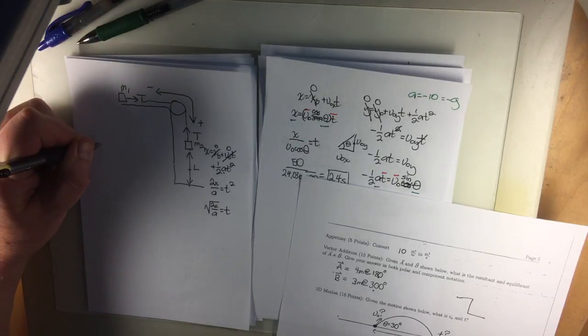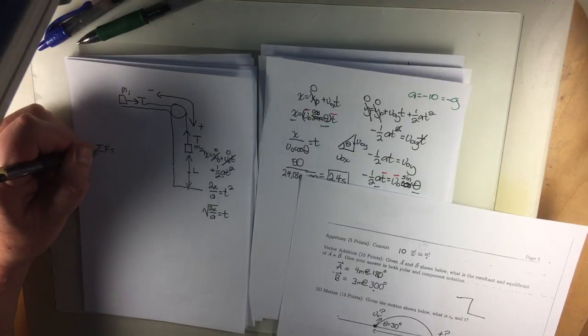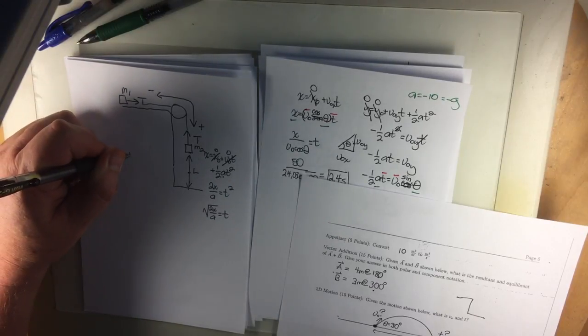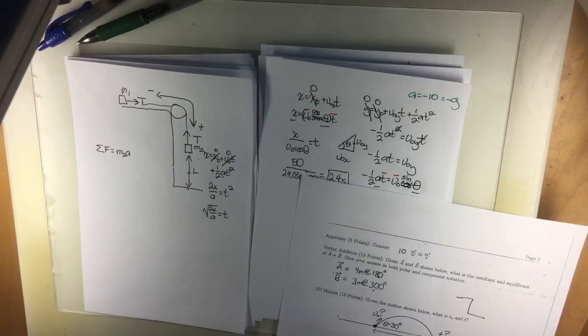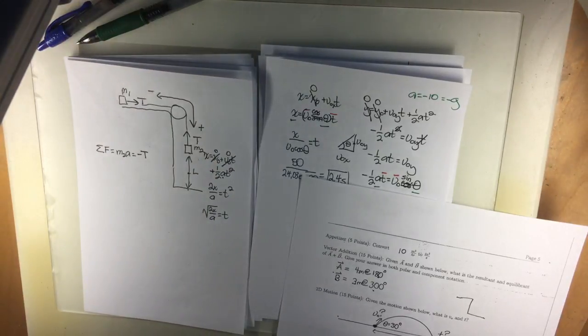You have no normal force, so you can sum the forces in the axis of motion as M2 times A. If there's motion in that plane, and you know there's going to be acceleration, the sum of the forces is equal to MA. Now, what are the forces? Tension is up.